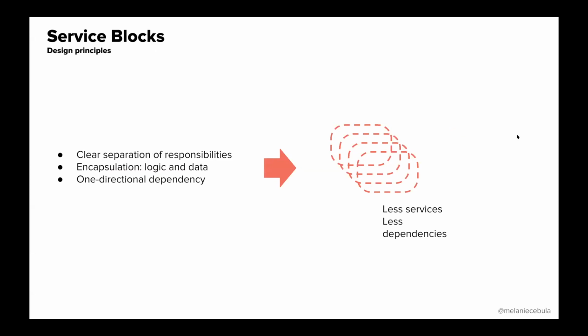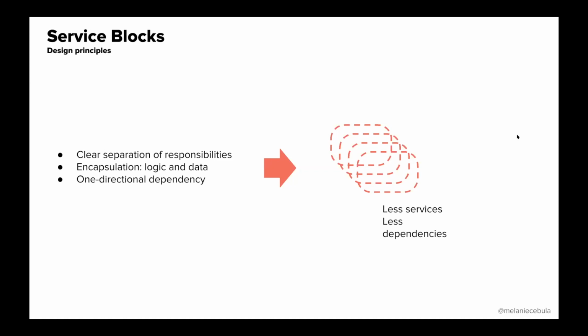So one design principle we came up with sometime in the last year or two was that we really needed an architecture solution for this problem. And the term we came up with was service blocks. Essentially what we want to guarantee is a clear separation of responsibilities between services, encapsulating logic and data, and having one directional dependencies.